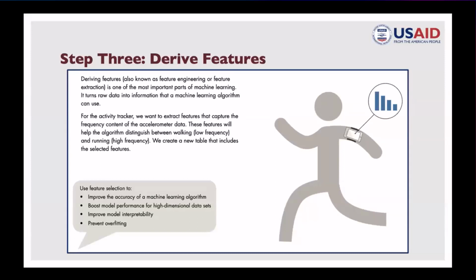Then, once you achieve your desired accuracy, that will be your best input features. Okay? So the feature selection actually improves the accuracy of your machine learning algorithm. It also boosts model performance for high dimensional data sets, improves model interpretability, and prevents overfitting. Okay?